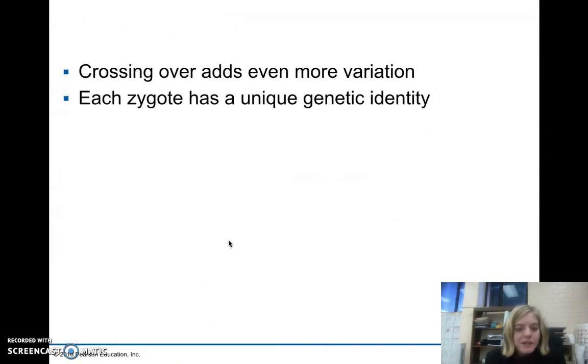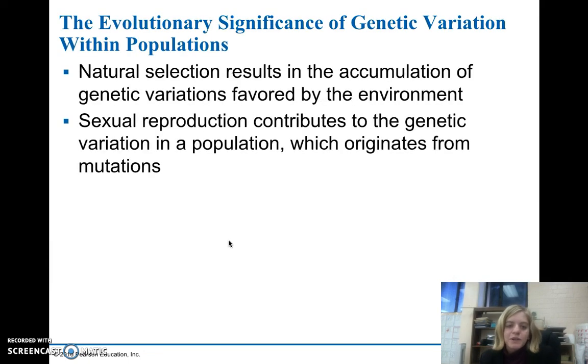With crossing over, we get even more variation, and your zygote has a unique genetic identity that is really, really special. So what does this mean for our populations? Once we get to the section on evolution, we're going to learn a lot more about natural selection.